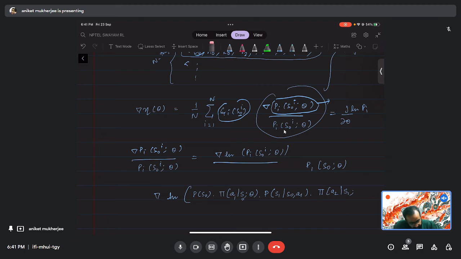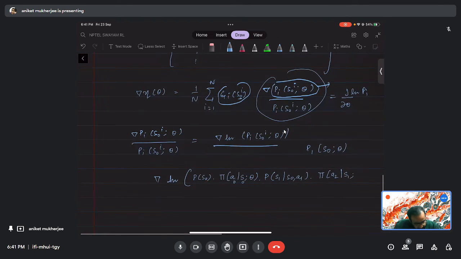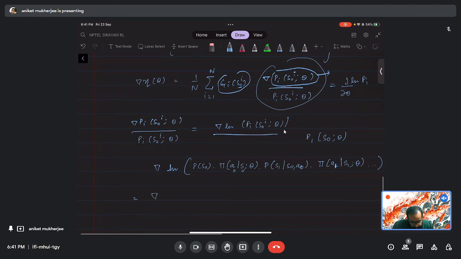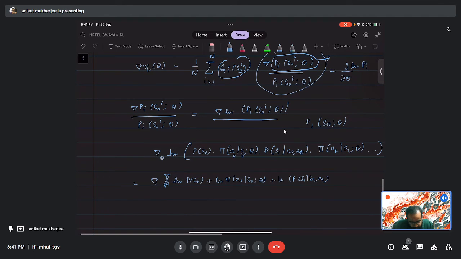I'll get a product like this. This I can write as grad of a summation of logs: log pi(A0 | S0) plus log P(S1 | S0, A0) plus log pi(A1 | S1), and so on. Now I'm taking the gradient with respect to theta.